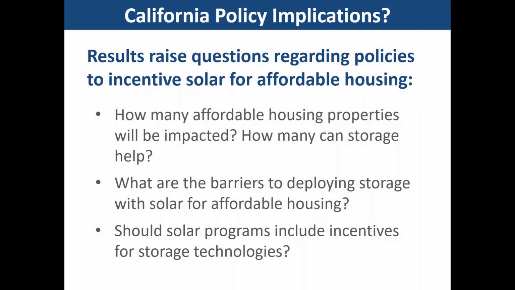Potentially, as I said, $1 billion over 10 years to install solar on affordable housing. The real driver behind the program is to get the benefits of solar savings to tenants. Tenants have to be the primary beneficiary from the solar systems that are provided, and it has incentives for owners as well to install these systems.